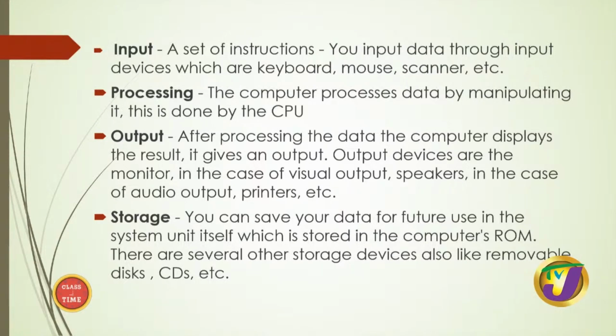Now, after the information is inputted, it is processed in the CPU and then stored if you want it to be stored on the primary storage device, or you can store it on secondary storage devices, such as your CD or your flash drive, or you can output the information using your printer.